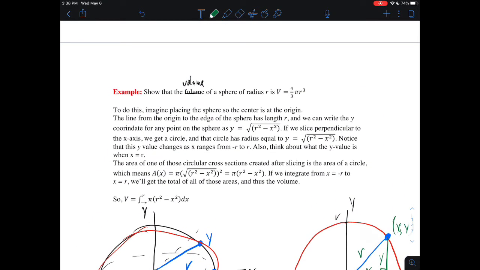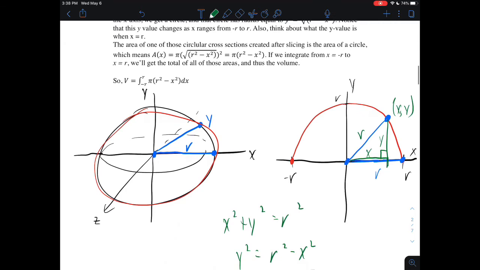Okay, so now that we know where this came from, let's move on to the next part. If we slice perpendicular to the x-axis, we get another circle. So let's actually think about this picture that I have on the right there. If I was to cut through the related sphere right here, that would be like if I cut through back on the original graph.